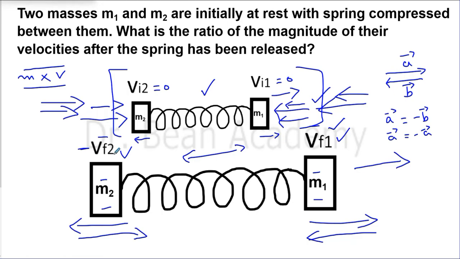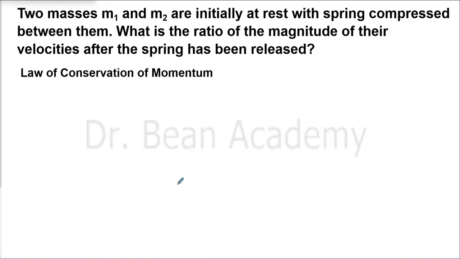So we can use the law of conservation of momentum in this case: the total momentum when these forces were acting should be equal to the momentum of the system when these forces were removed and the system was free to move. So let's do it here.